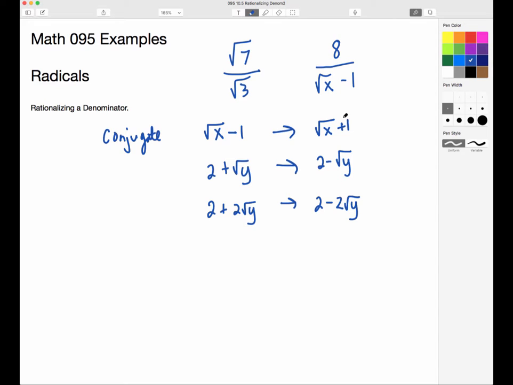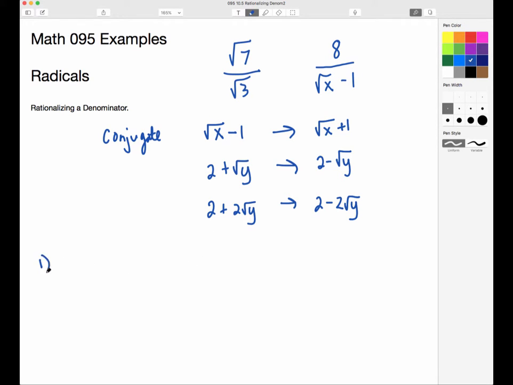So if you think about going back to factoring and multiplication, when you had the same values, opposite signs, this is how you would factor a difference of squares. So we're just artificially creating a difference of squares because squaring numbers, like squaring square roots, takes you back to a plain number instead of a square root.